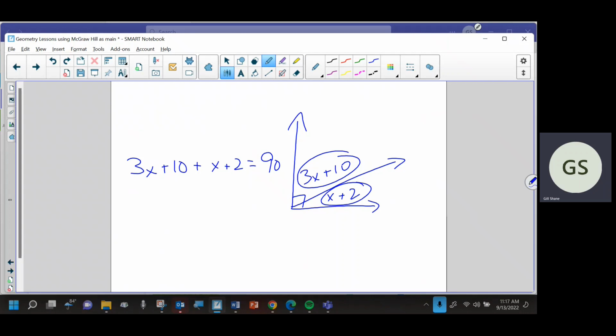And I didn't see all the problems, so I don't even know if they're doing this other way, but what they could do is give you two totally separate angles. They could give you this angle here, and this angle here. That's probably not a great representation.